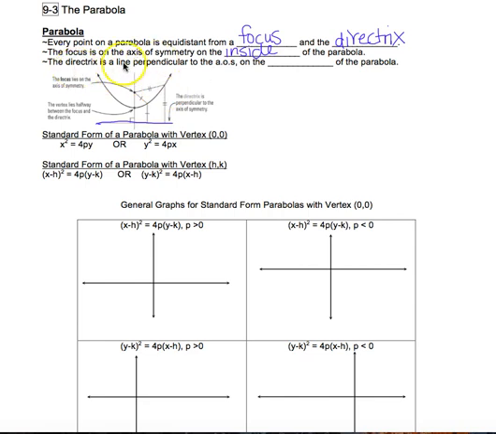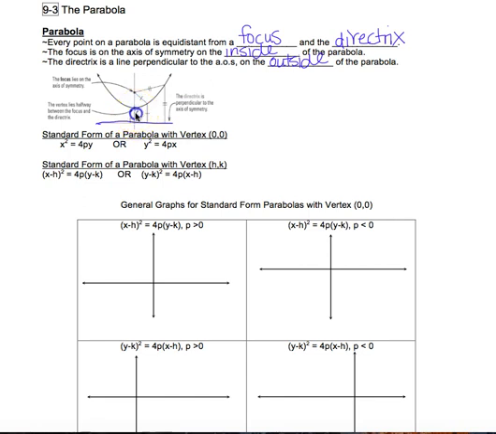And here's our definition for directrix. It's a line perpendicular to the axis of symmetry, which we already said. It's also always on the outside of the parabola. So focus always on the inside of the U shape, and the directrix always on the outside. The equidistant part is illustrated by what you see here.